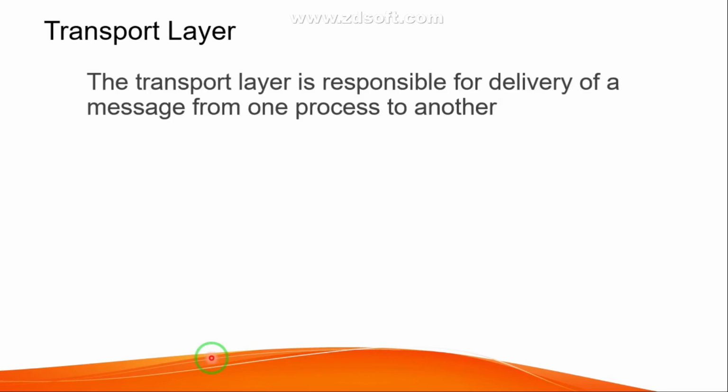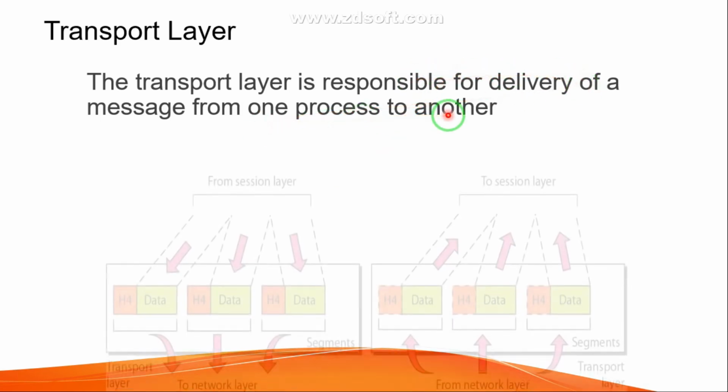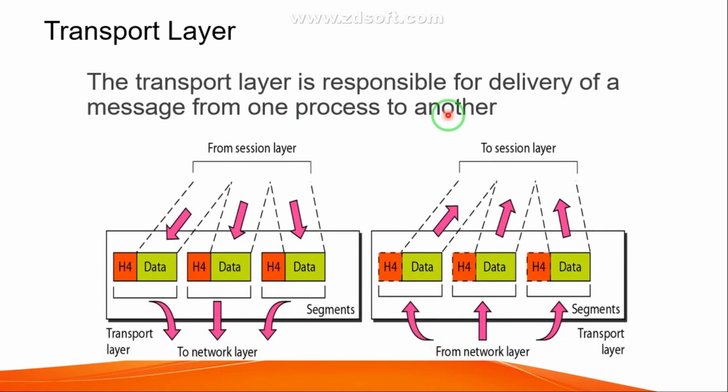Now the transport layer is responsible for delivery of a message from one process to another process. Whereas the network layer oversees host to destination delivery of individual packets. It doesn't recognize any relationship between those packets. It is going to treat each packet independently.